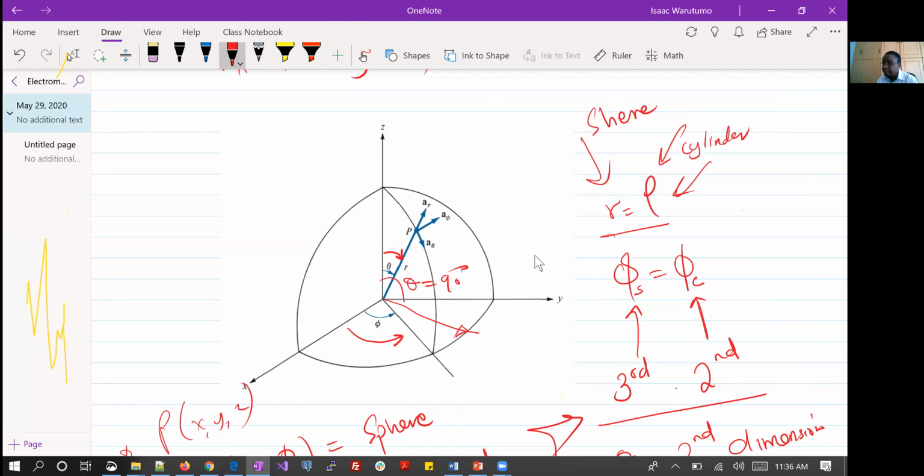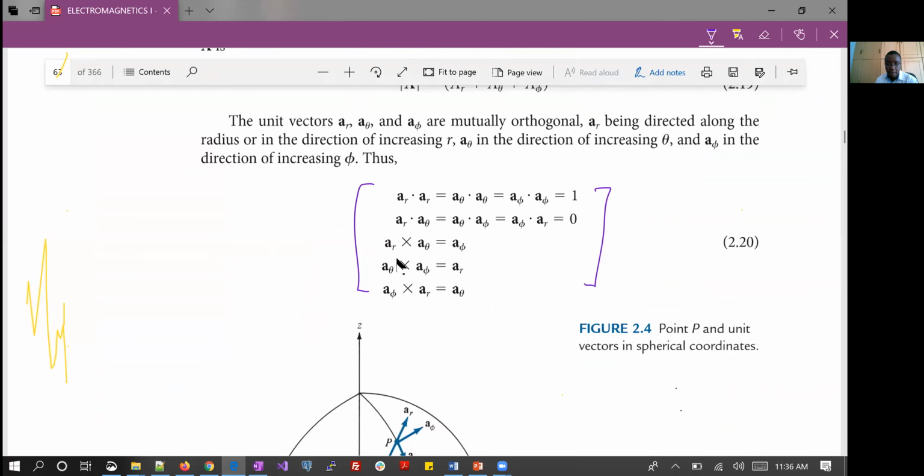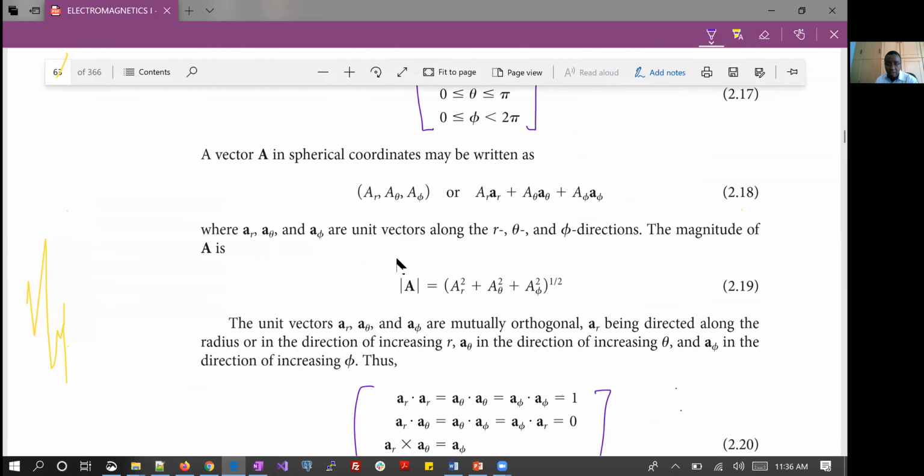Make sense? Hope yes. All right. So I have described those ideas about how each of them is formed.